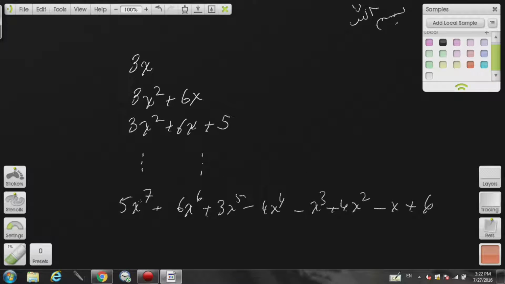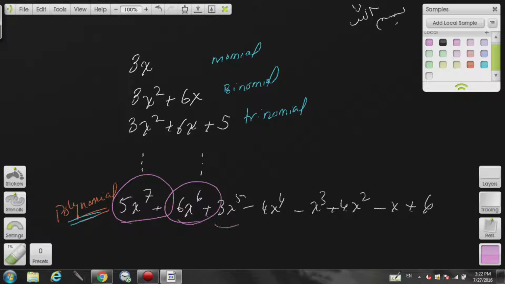This is a polynomial. So this is a monomial, binomial, trinomial, and a polynomial, right? So many terms, right?